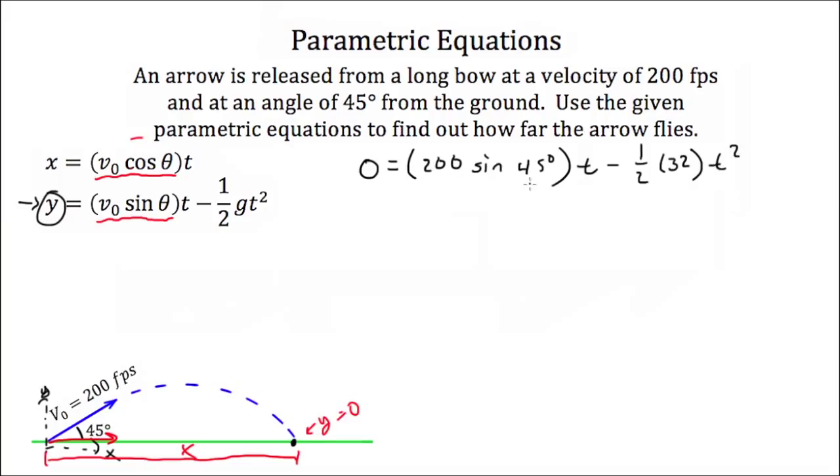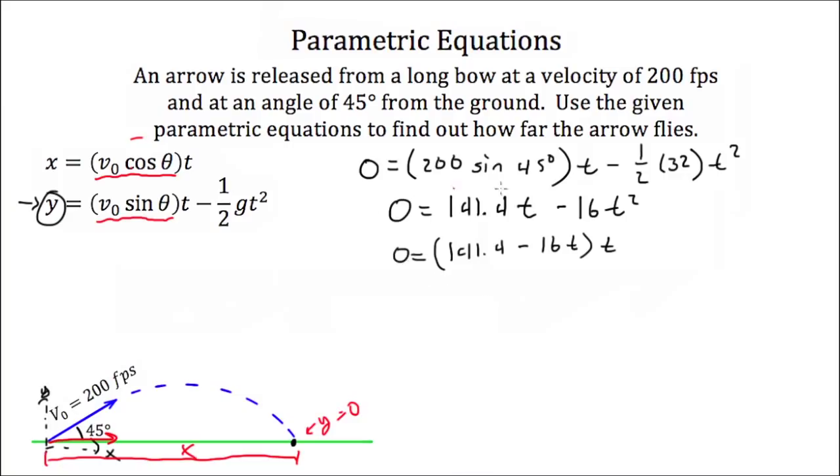200 sine 45, that's about 141.4, and that's still times t, and then minus 32 times 1/2, that's 16 t squared, and this is equal to 0. Now I can factor out a t from both of these, so I'll have 141.4 minus 16t all multiplied by t, and that's equal to 0.